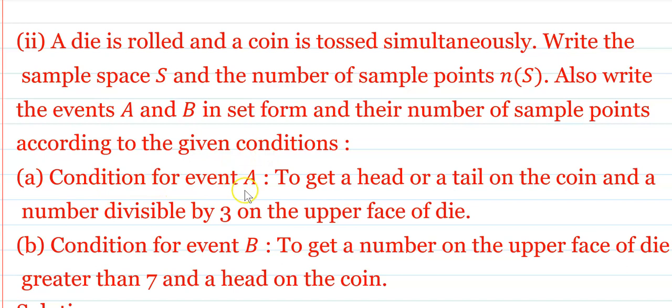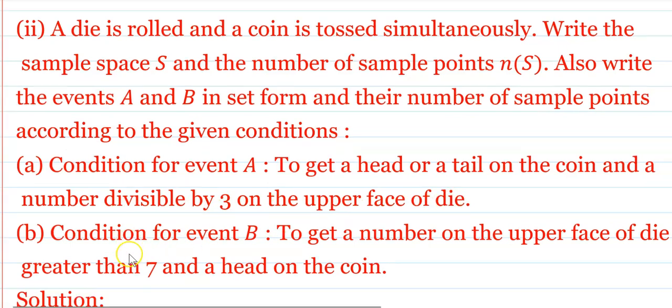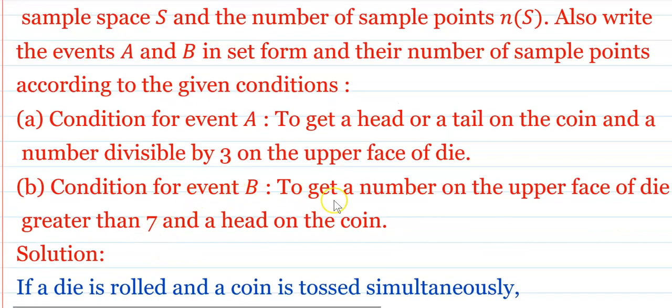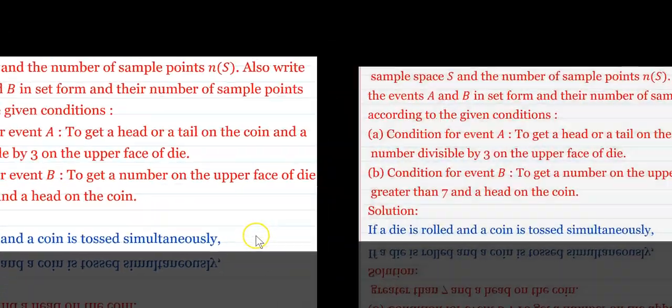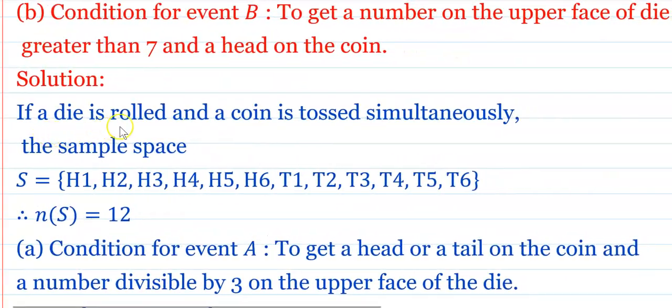Condition for the event A: to get head or tail on the coin and a number divisible by 3 on the upper face of the die. Second, condition of event B: to get a number on the upper face of the die greater than 7 and a head on the coin.